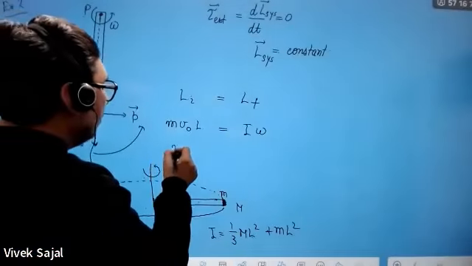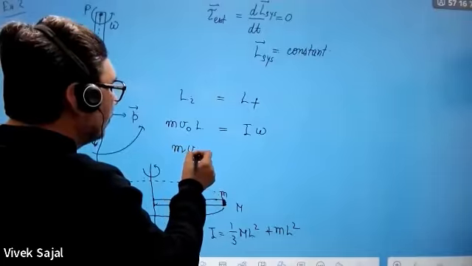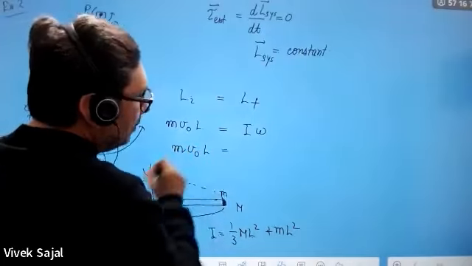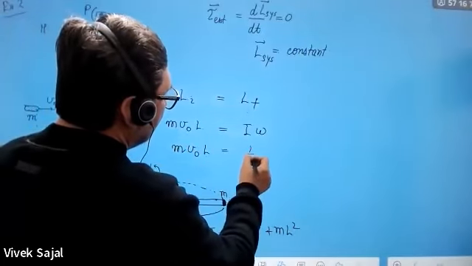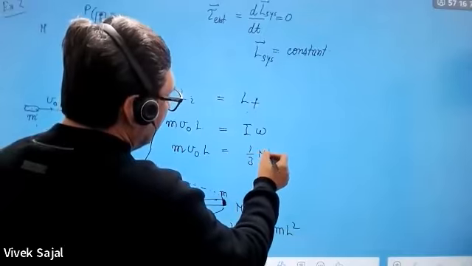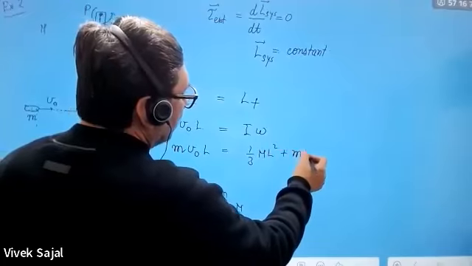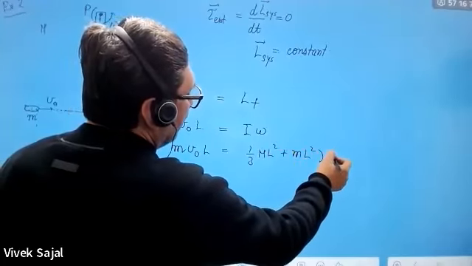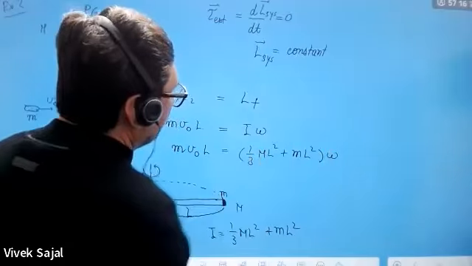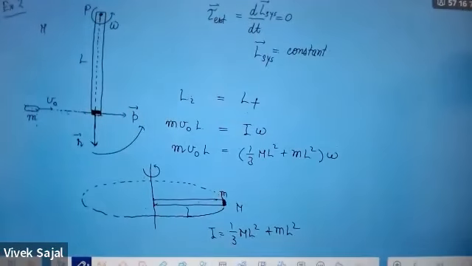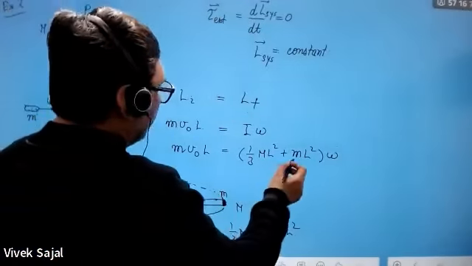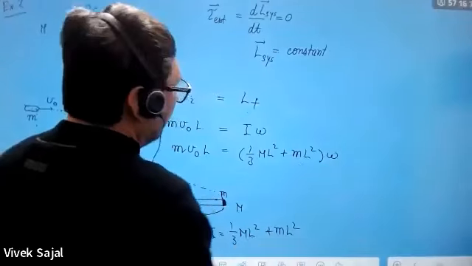So m v naught L will be equal to (1 by 3 M L square plus m L square) omega. You want to find out omega.